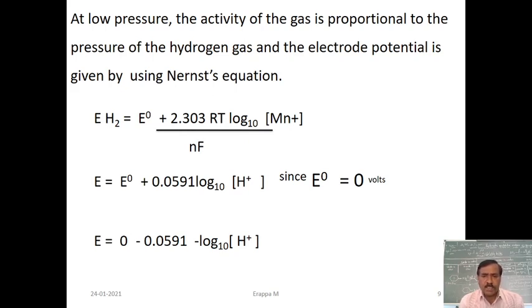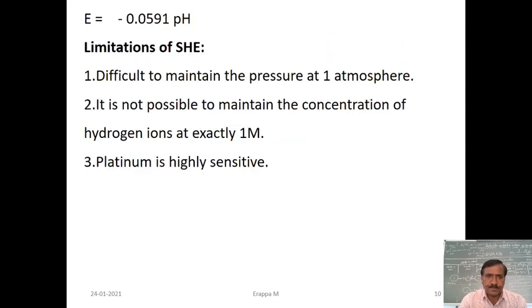Since the E naught value is 0 volts, E is equal to 0 minus 0.0591 log of [H+]. So E is equal to minus 0.0591 pH.